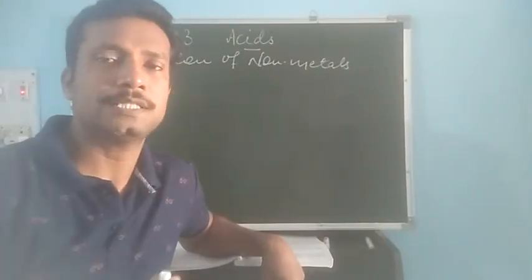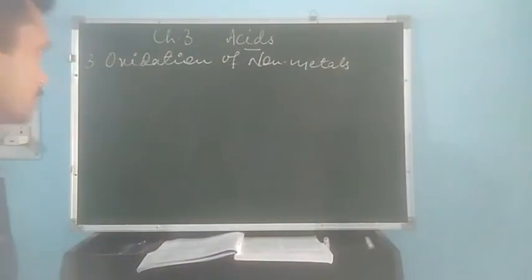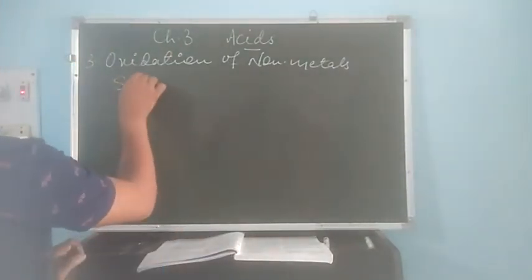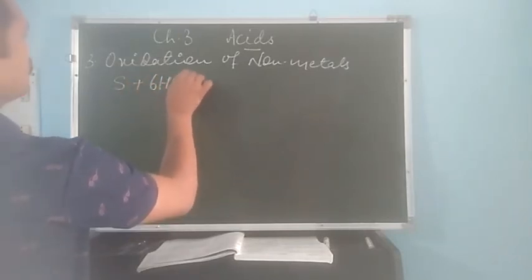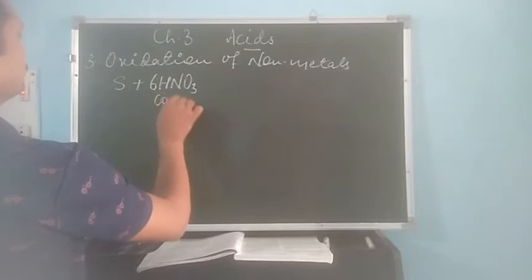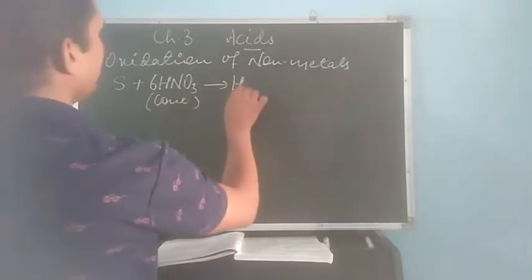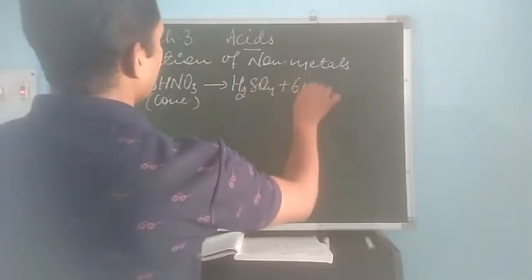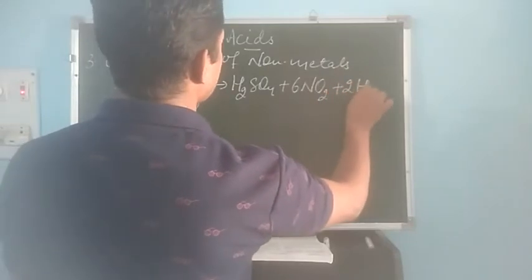So using this acid we can oxidize certain non-metals, like sulfur, which can be oxidized using concentrated nitric acid to give sulfuric acid plus nitrogen dioxide and water.